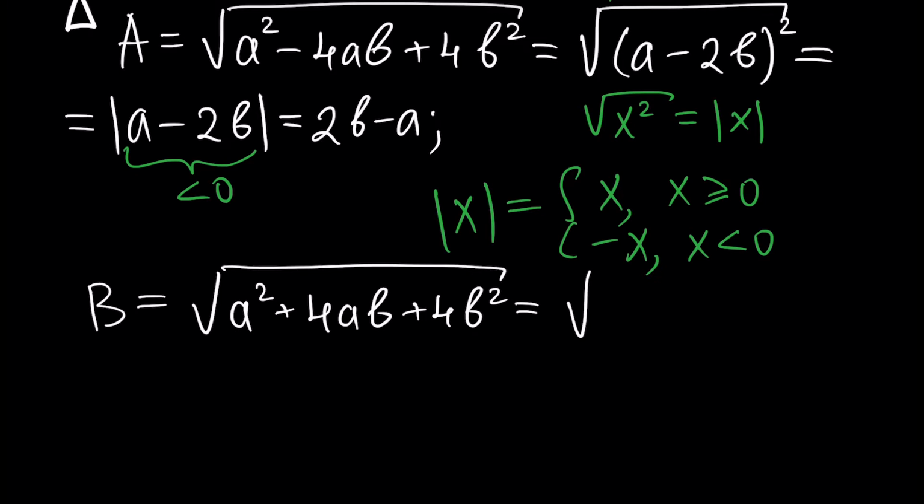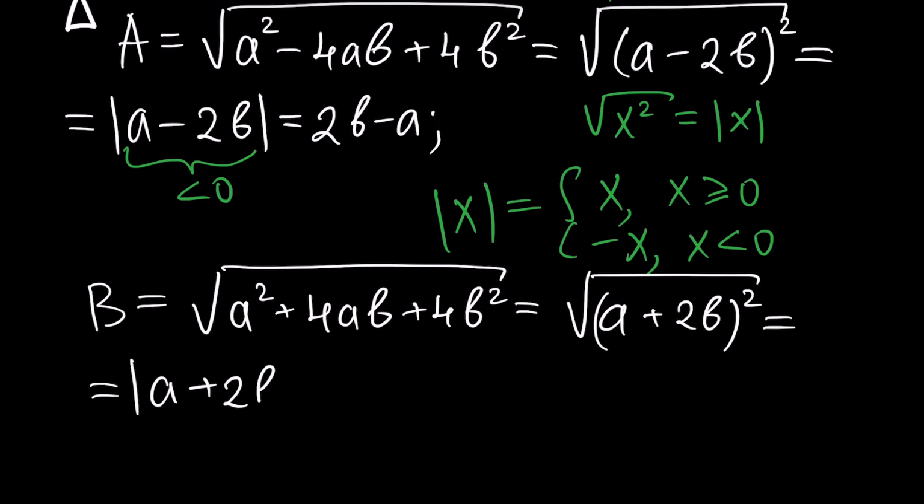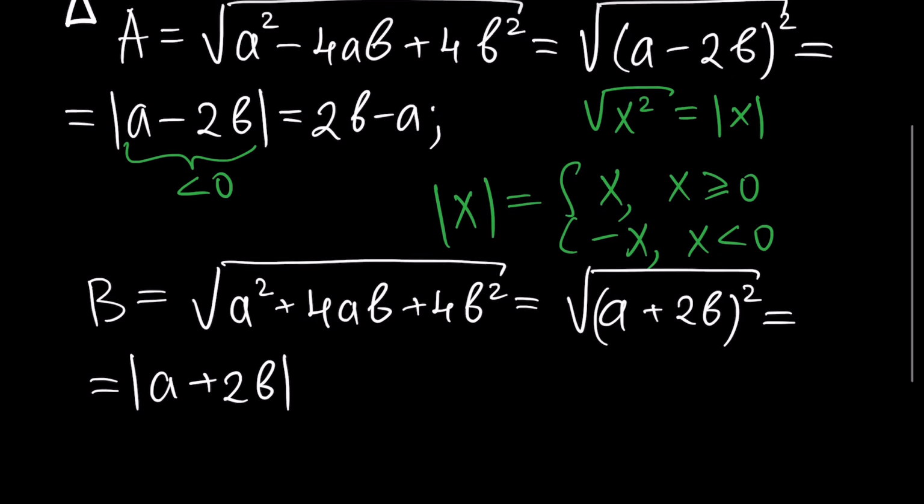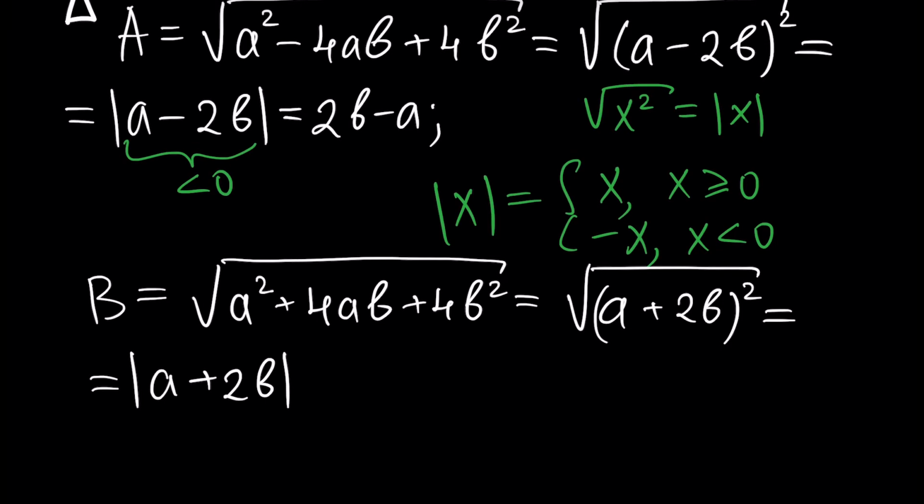This is equal to the square root of (a plus 2b) squared, which is the absolute value of a plus 2b. And a plus 2b is always positive, so this is equal to a plus 2b by the definition of absolute value.